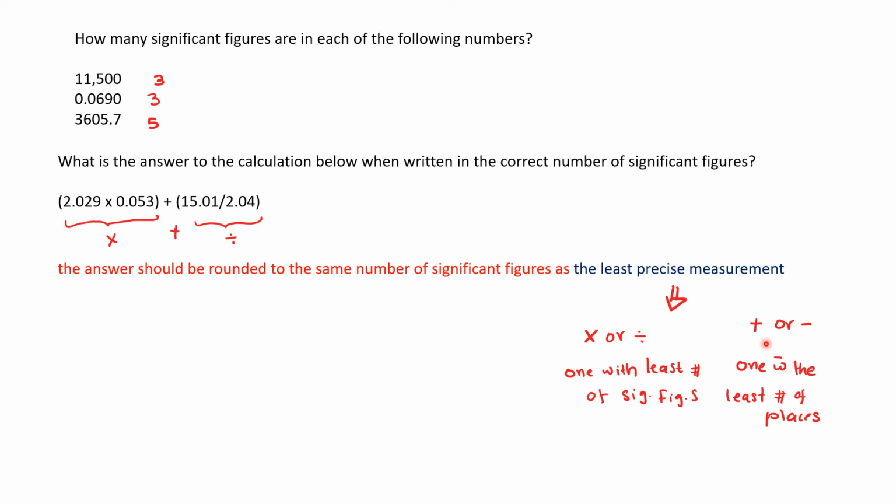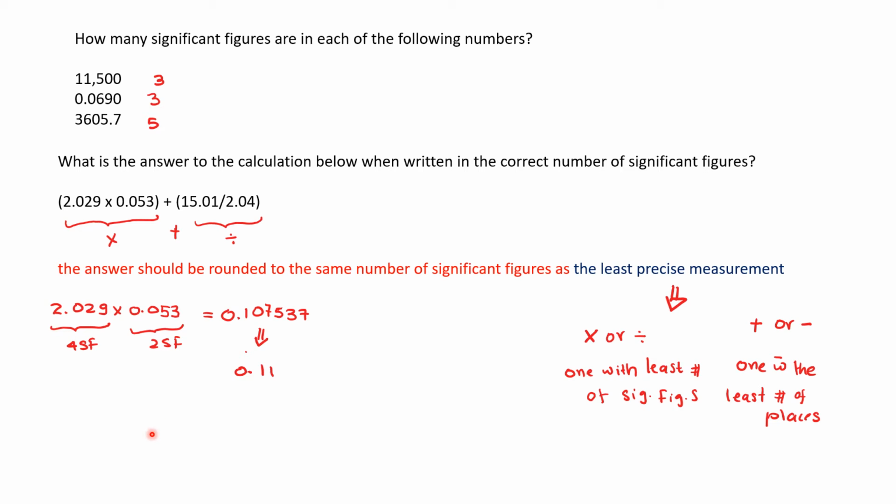If it is addition or subtraction, the least precise measurement is the one with the least number of decimal places. So don't get confused now. In this case, it's the least number of significant figures. In this case, it's the least number of decimal places.